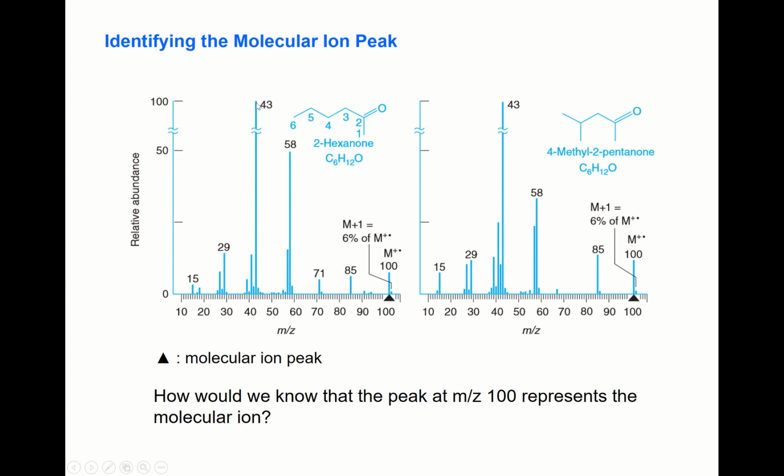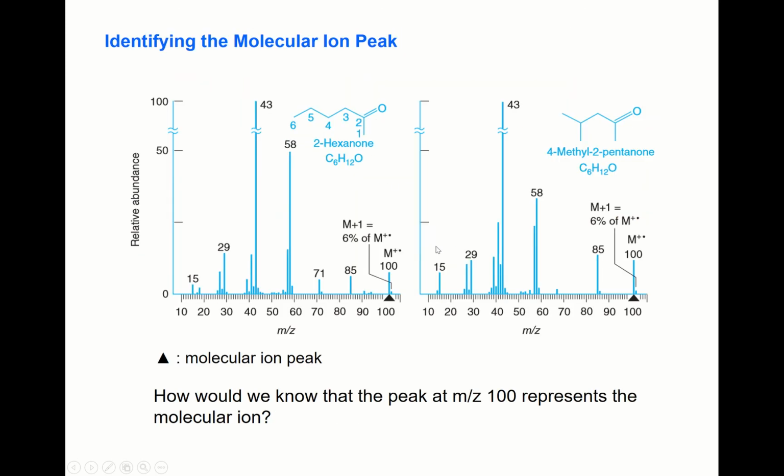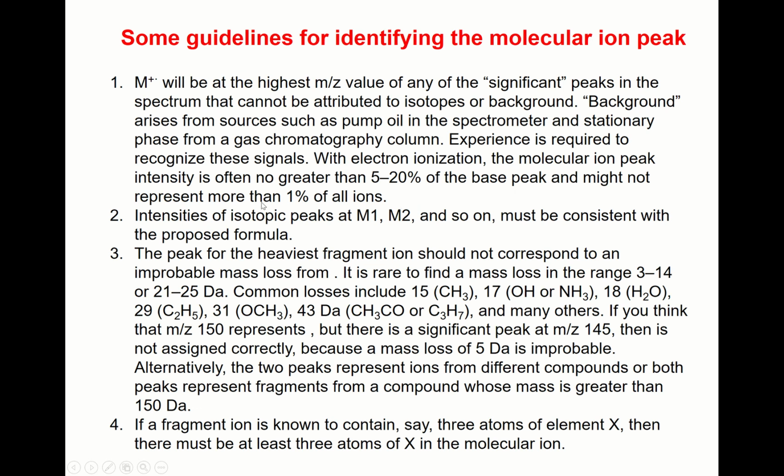This is now set at 100, and this peak's relative abundance is between 5 to 20%. Okay, but if this one peak at 100 is very high, then it may not be a molecular peak. Okay, and intensities of isotope peaks at M+1, M+2, and so on must be consistent with the proposed formula.